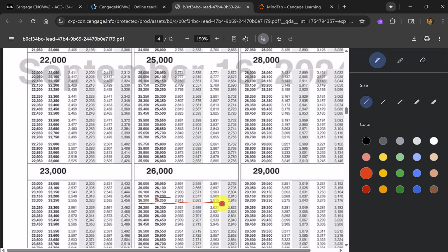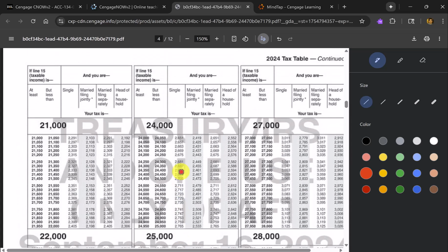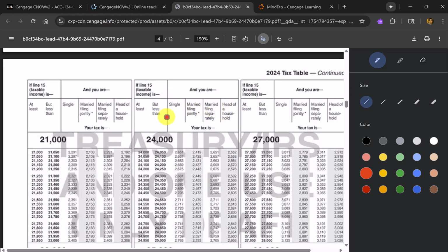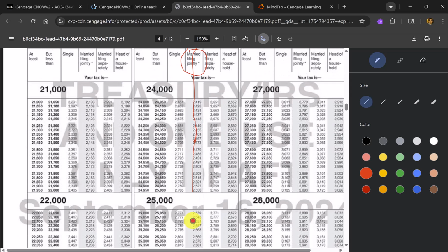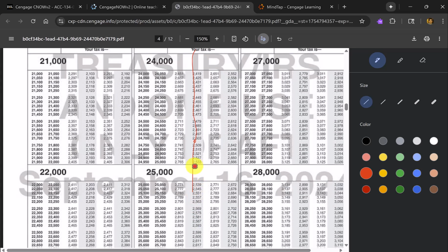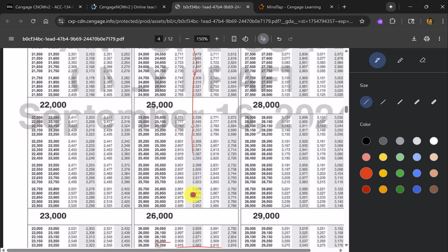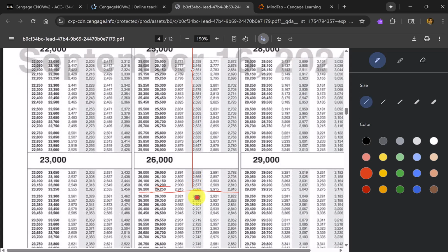Now the column we're going to be stopping at is based upon the filing status listed here at the top of the column. In our case, it's married filing joint. We're going to go down this column and stop where the taxable income row is located.